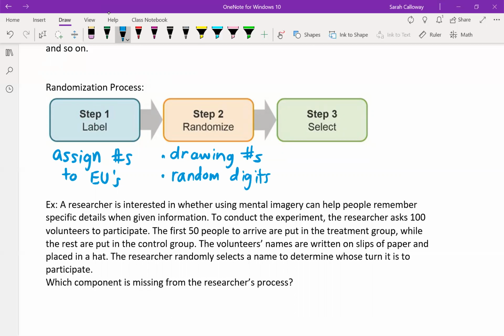Then I select. It's going back to the labeling part, kind of combining the two. Ultimately I'm looking at the labels and identifying my groups based on however many I'm looking for. So if I'm looking for the first 20, that's my control group, or something like that, then I'm going back and selecting that way.